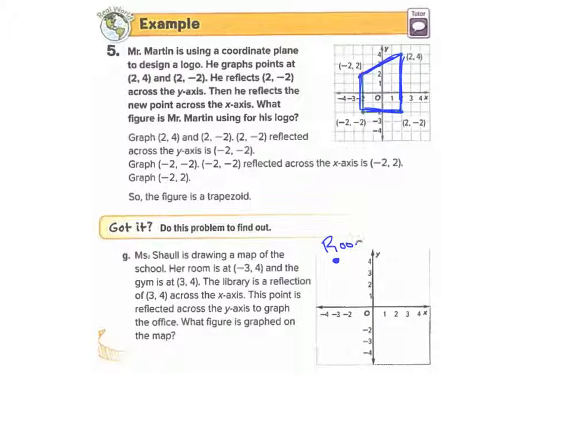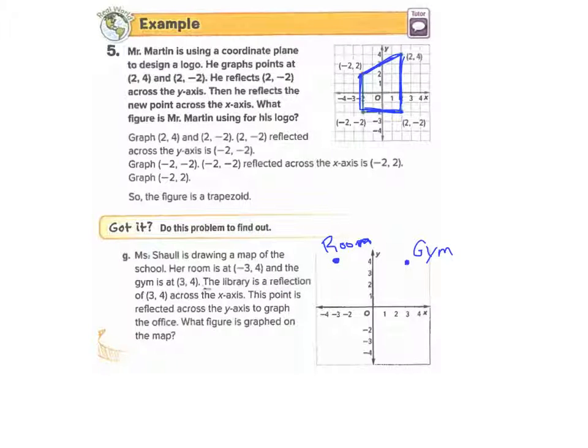So here is her room. Then it says the gym is at 3, 4. So this time I'm going to go right to +3 and then up to 4. And here is my gym.